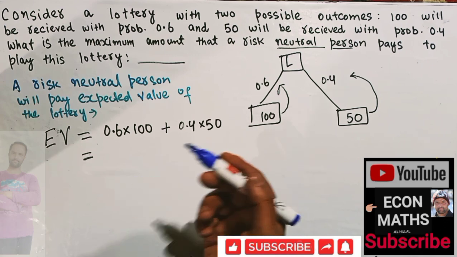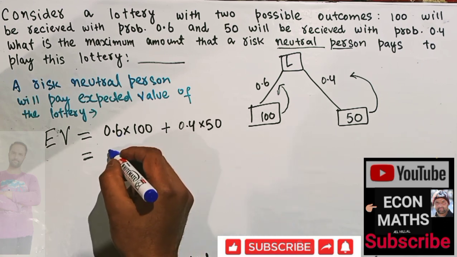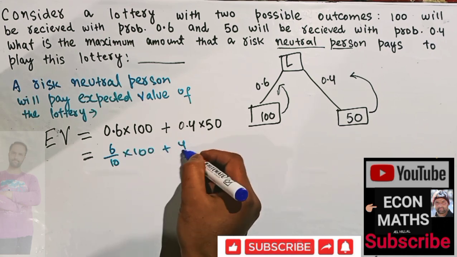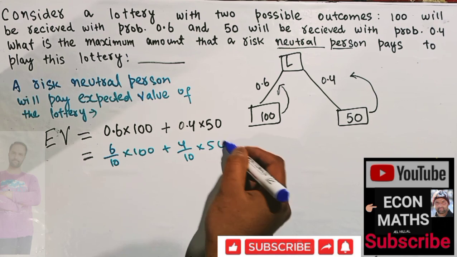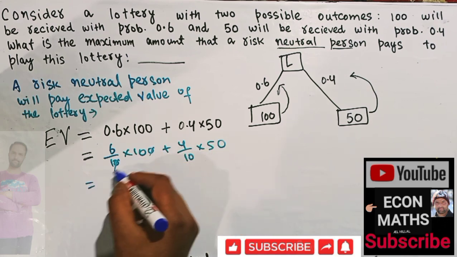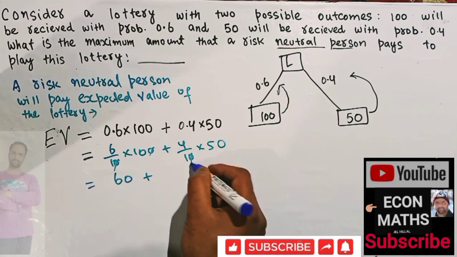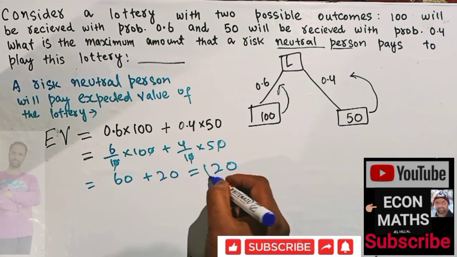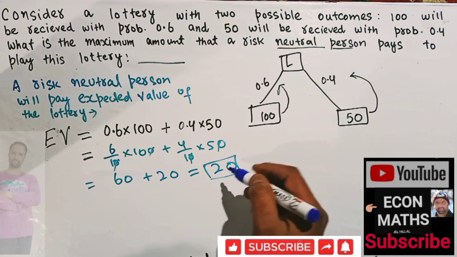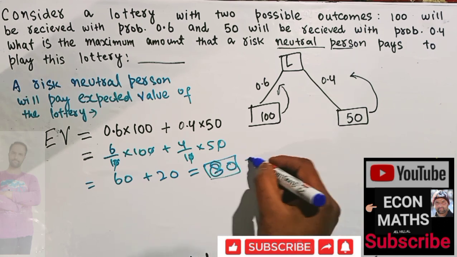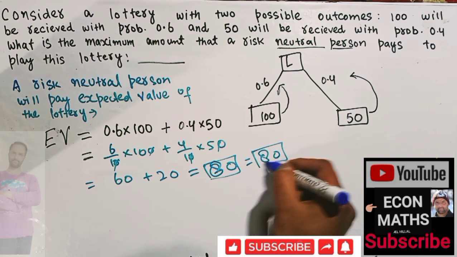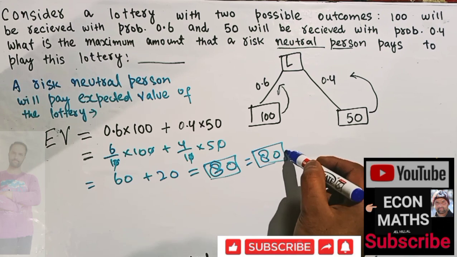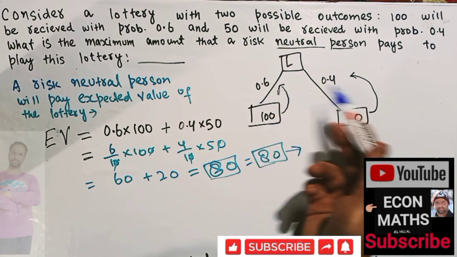So 0.6 means 6 upon 10 into 100 plus 4 upon 10 into 50. So this gets cancelled, we are left with 60 plus 4 5s are 20. That means a risk neutral person will be, sorry, it is here 80. Let me write it here: a risk neutral person will be willing to pay 80 rupees to play this gamble or lottery.